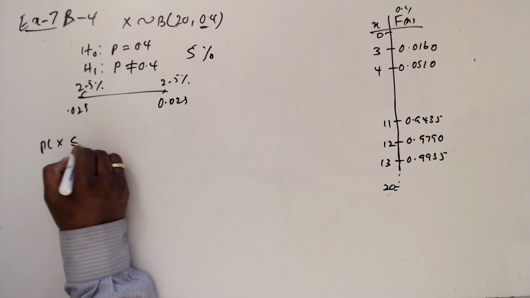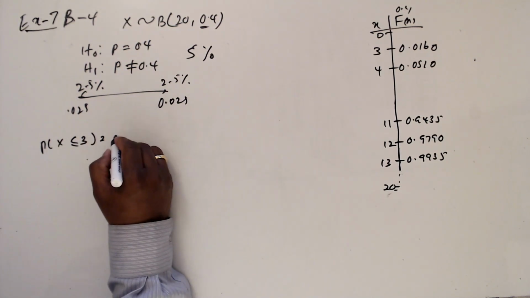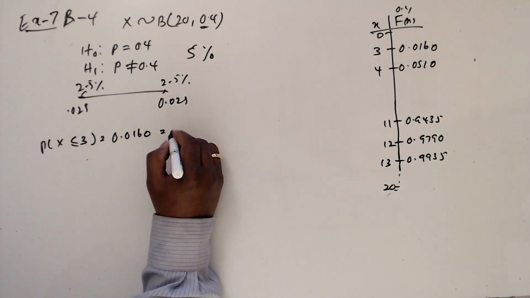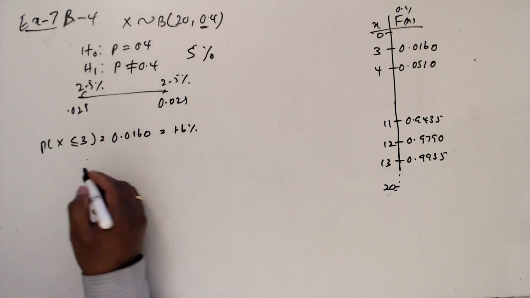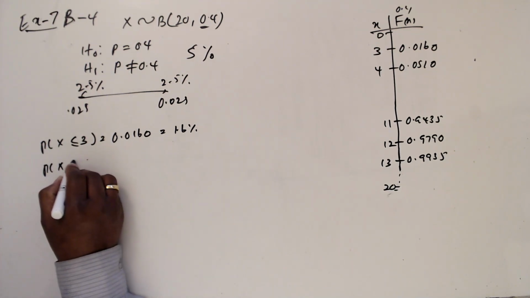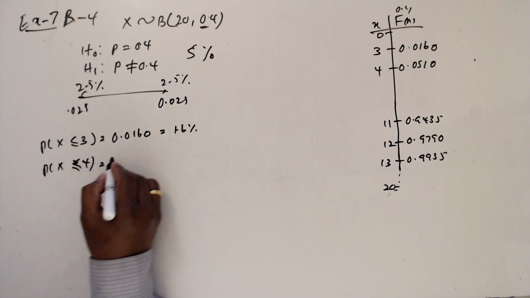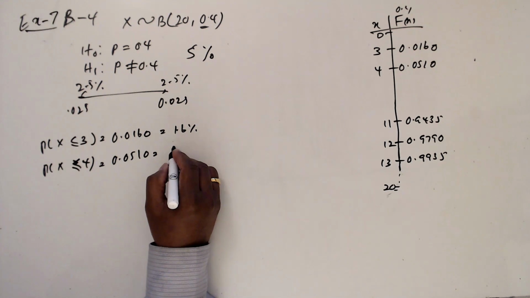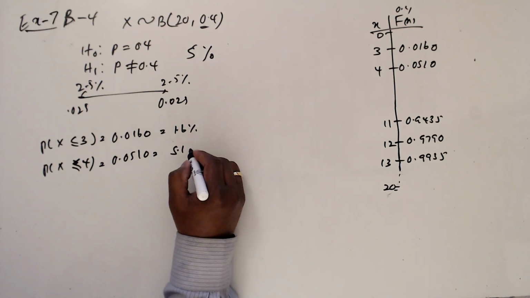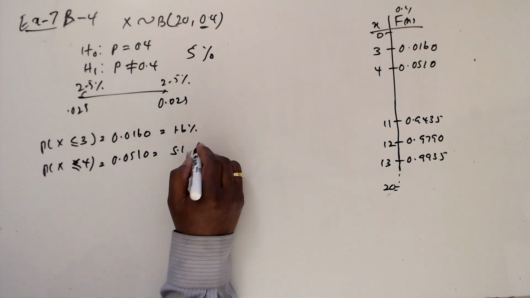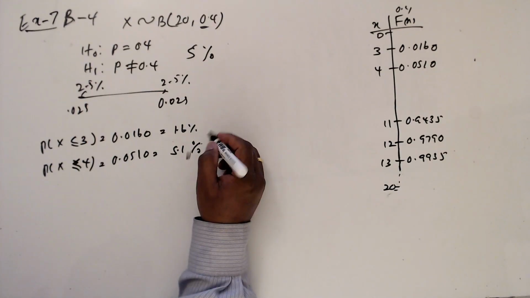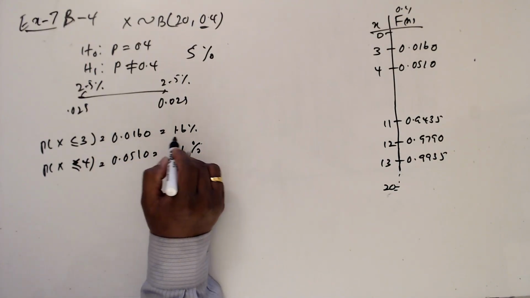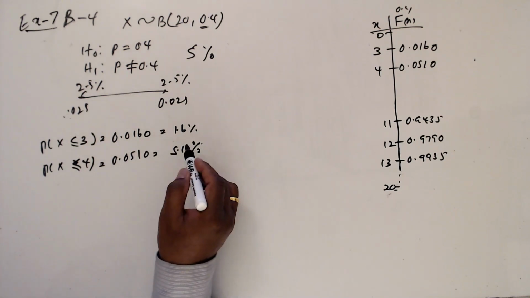Probability x less than or equal to 3 is 0.0160, which is 1.6%, and x less than or equal to 4 is 0.0510, that is 5.1%. Now we also want to check how far those two values are from 0.025.